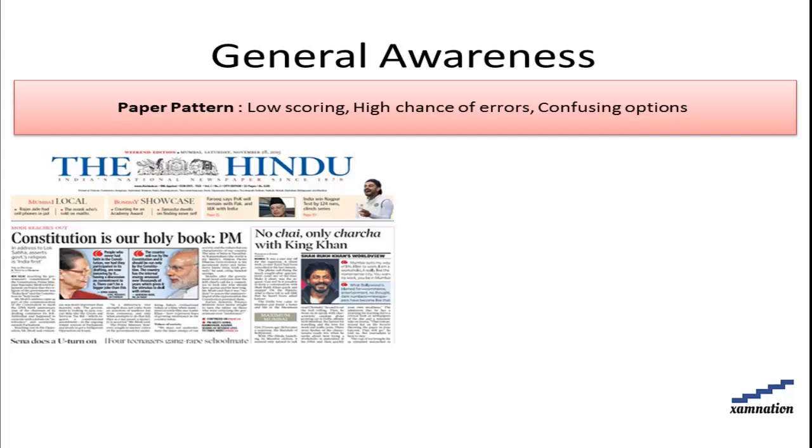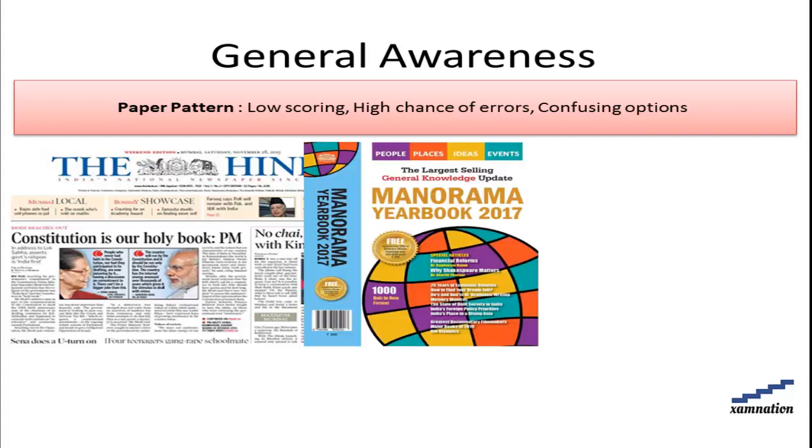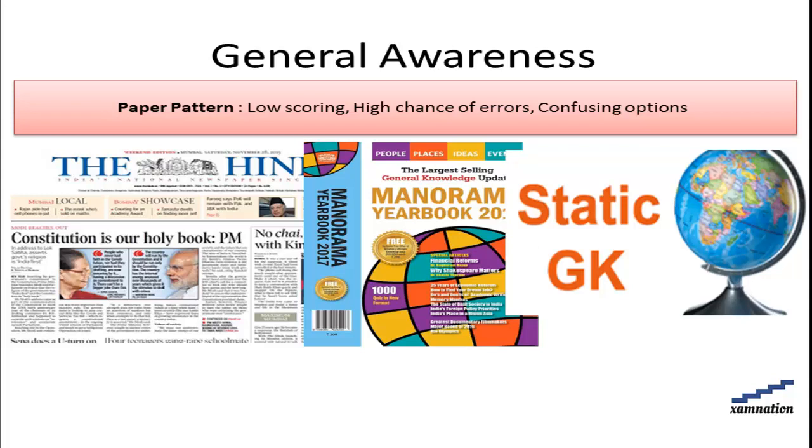That means you need to follow some good newspaper and magazine like The Hindu, Frontline. Also you should refer to yearbooks, for example Manorama Yearbook, as well as the static GK part. So overall 80% of this paper will have current affairs portion, whereas 20% will have static GK.